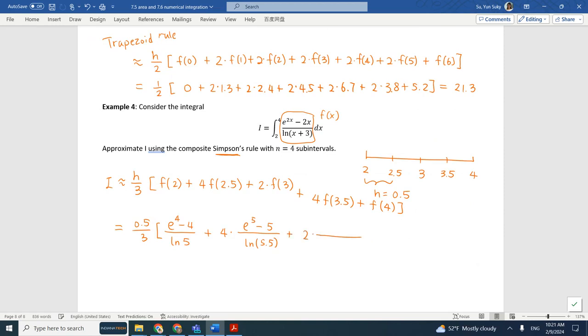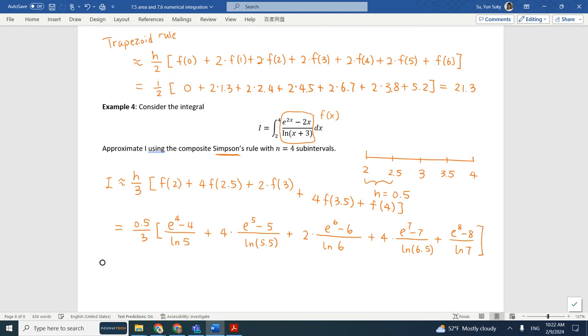And 2 copies of e to the 2 times 3, which is 6, minus 6, over ln of 6 plus 4. Then 4 copies of e to the 2 times 3.5, 7 minus 7, over ln of 7? 6.5. Oh, yes. And then 1 copy of e to the 8 minus 8 over ln 7.